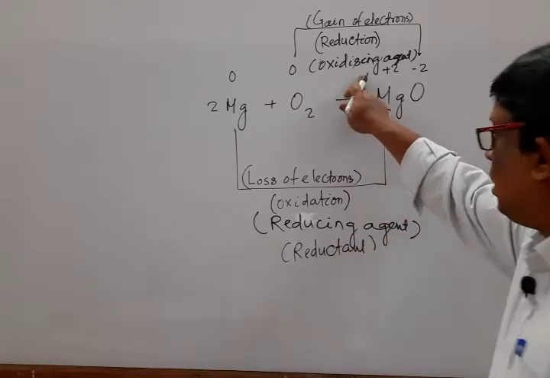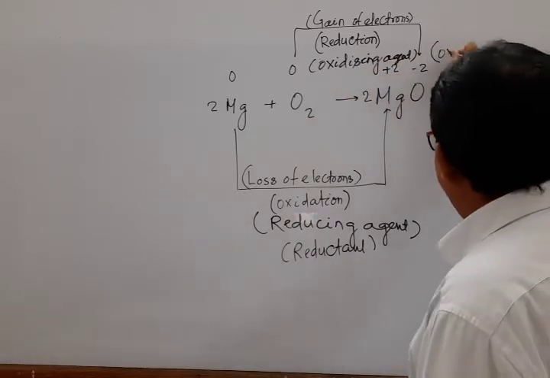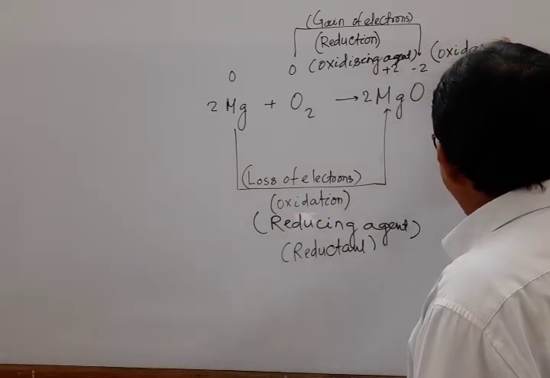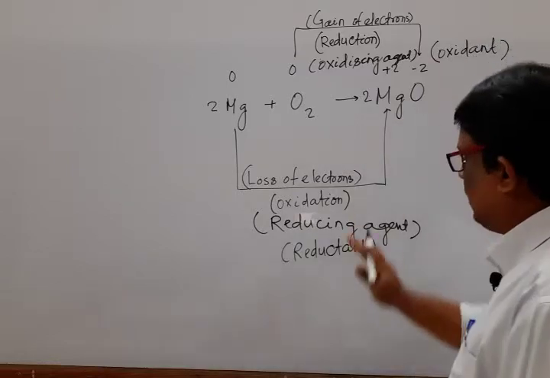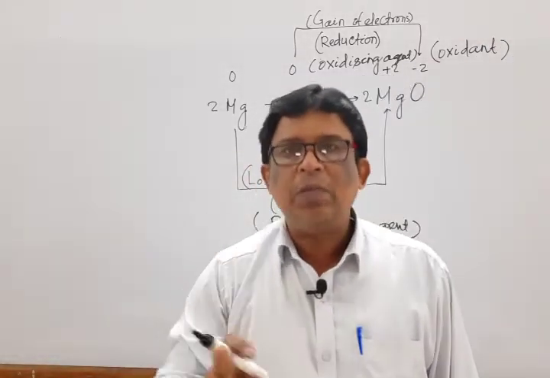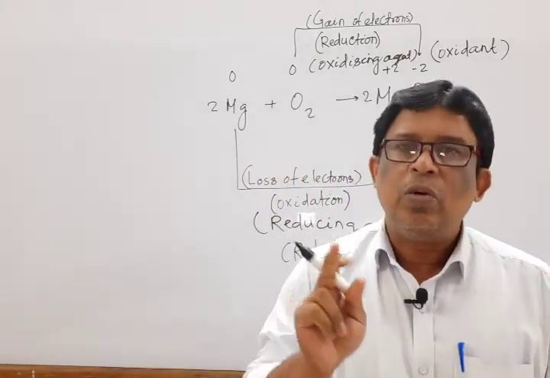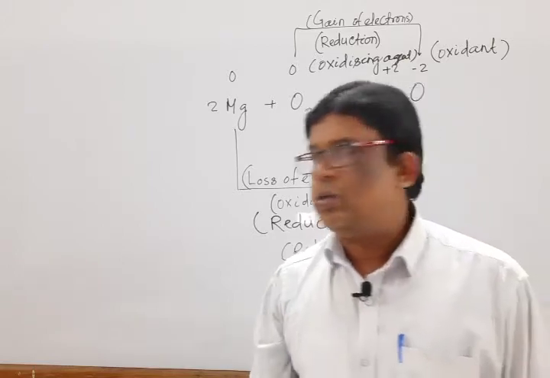And the oxidizing agent is otherwise also known as oxidant. So it is clear that the species which helps in oxidation is known as oxidizing agent, the species which helps in reduction is known as reducing agent.